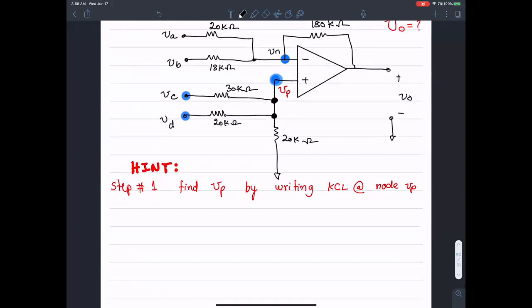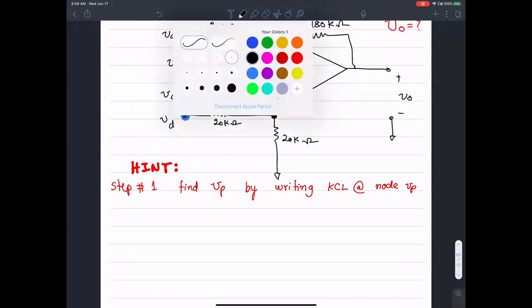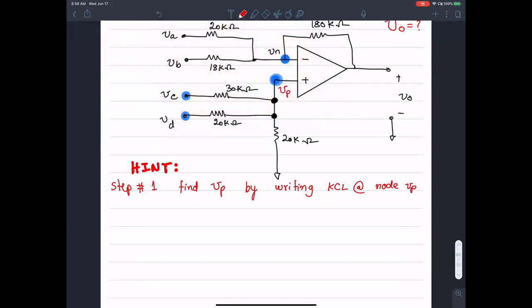All right, any volunteers to get us started with KCL at node Vp? In order to do that, you have to choose current directions in this resistance and in this resistance. Okay, so tell me, and also of course this resistance here.